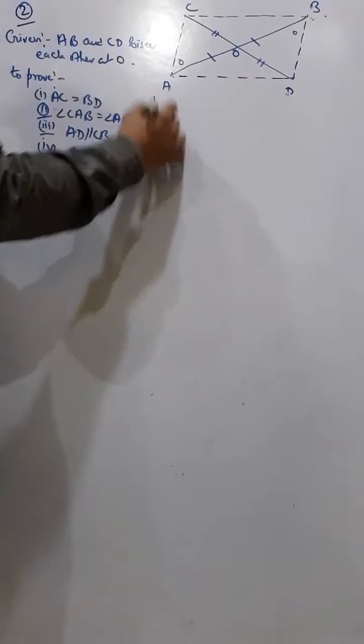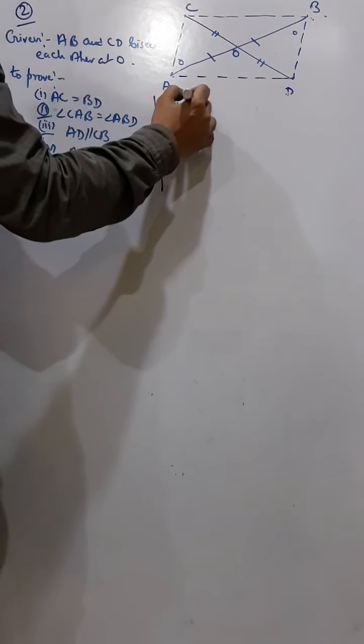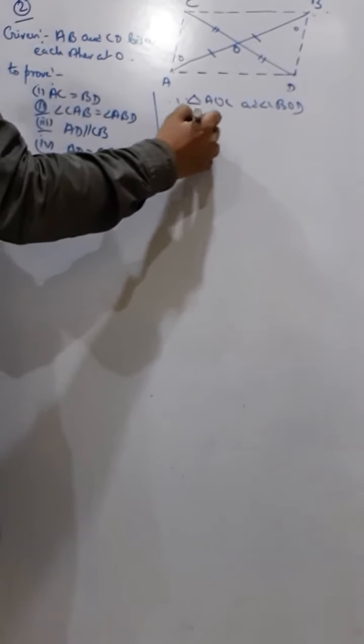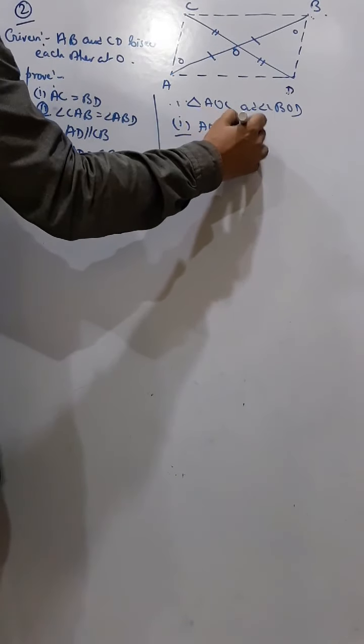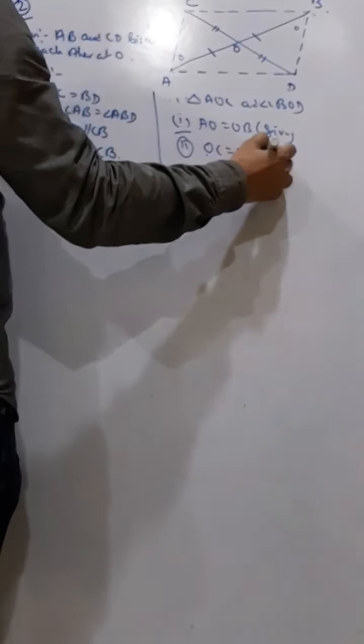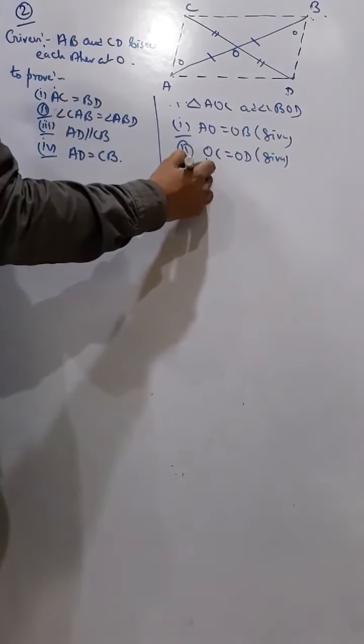Simple. So we can say in triangle AOC and triangle BOD, number one, what we can say? We can say AO equals OB, that is given. So this equals this, given. Number two, we can say OC equals OD, and that is also given.